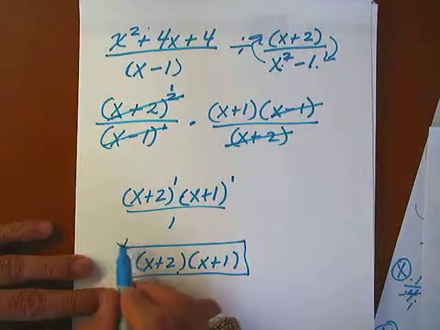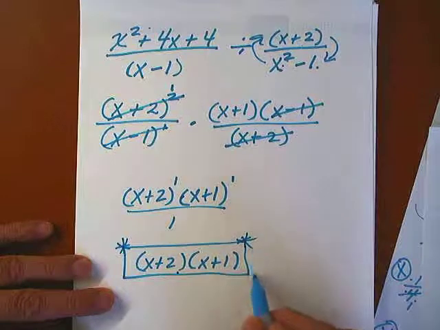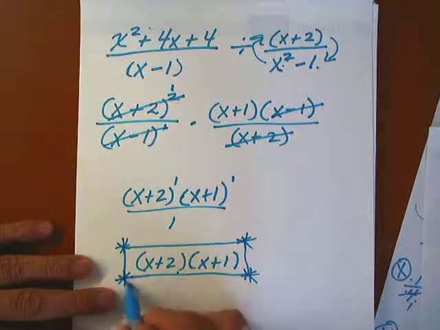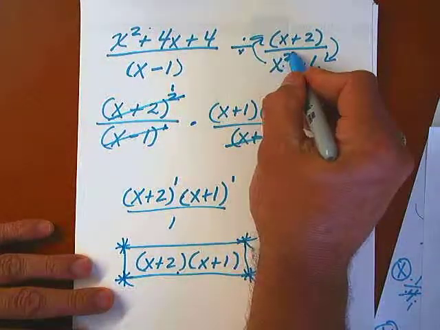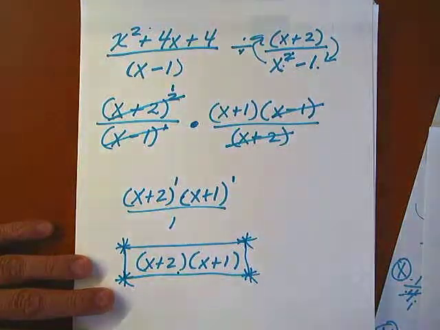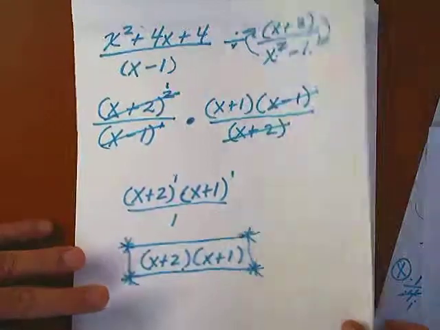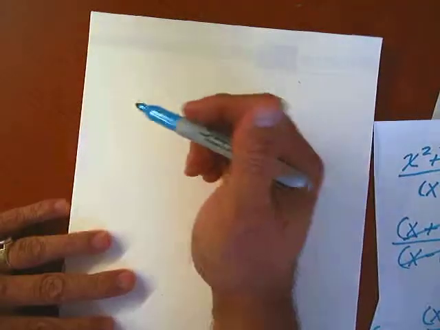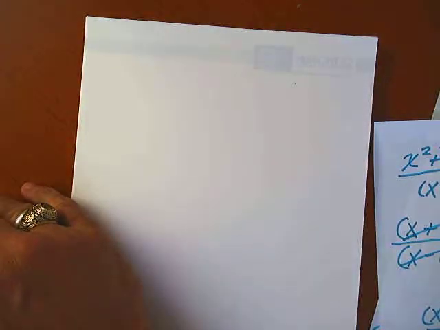Now you could use your FOIL method here, but there's no need. It cannot be marked wrong, but this is probably good enough for government work. And again, you divided by a fraction, you multiply by the reciprocal, just like you learned back in pre-algebra.